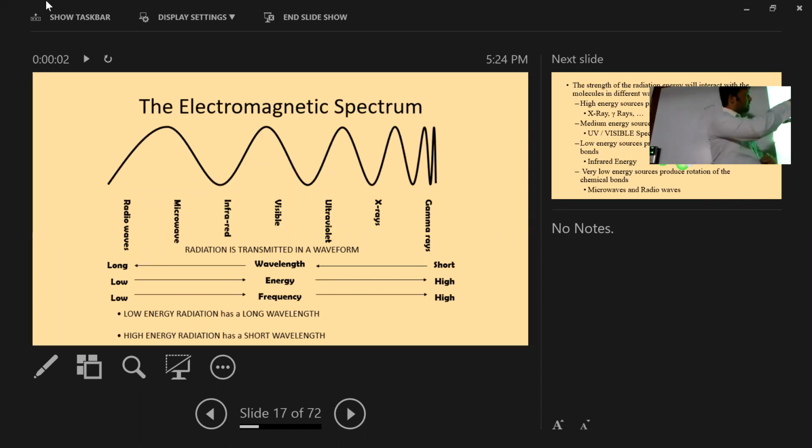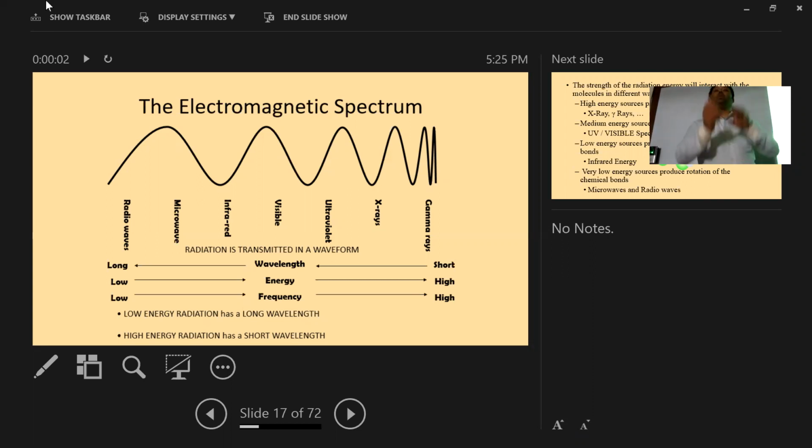That graph is technically drawn because this is related to the wavelength and this is related to the energy. So here, as the wavelength is longer, the energy is low.